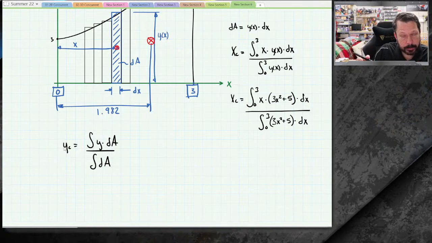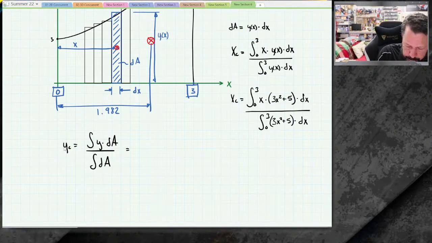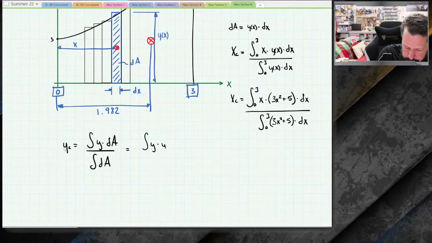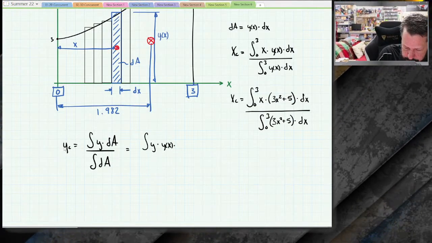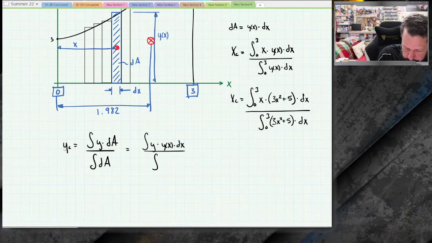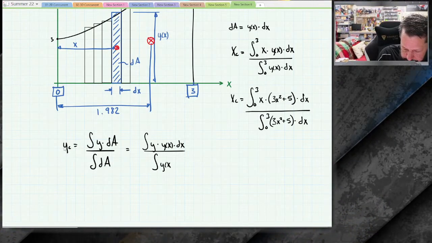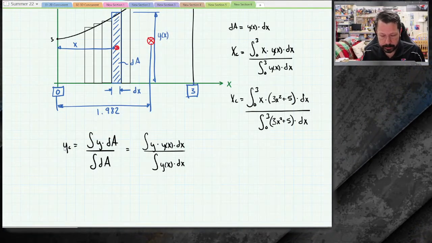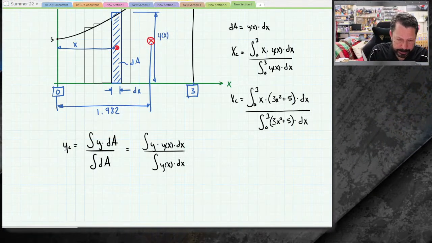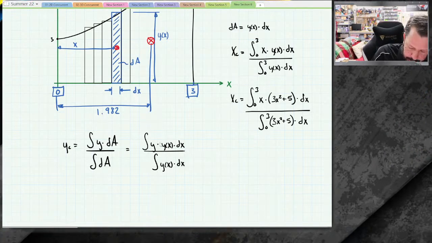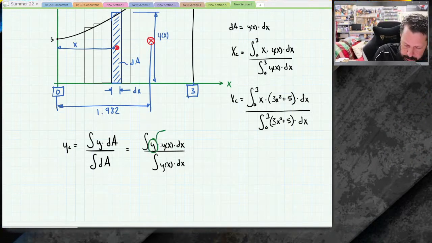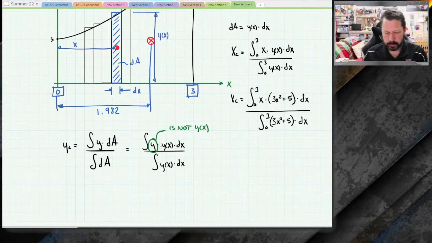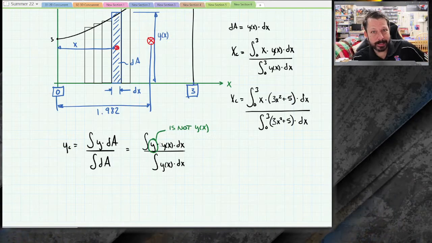So we can do the same thing with dA: the integral of y times y of x dx over the integral of y of x dx. The little catch that's going to throw people off is that the y in the numerator is not y of x. We have to go back to what that y meant originally.